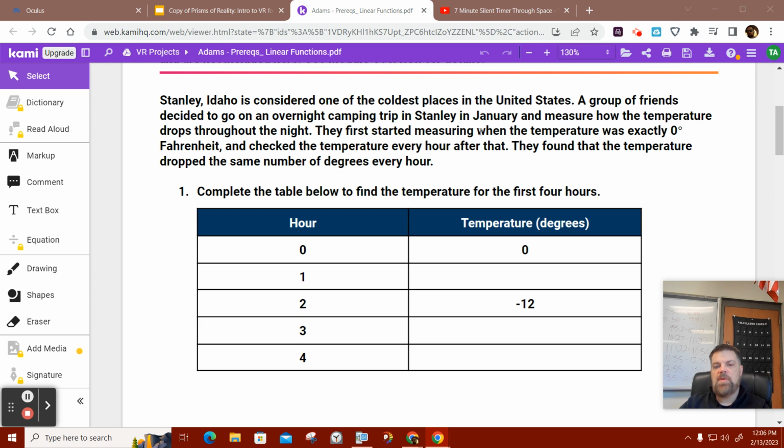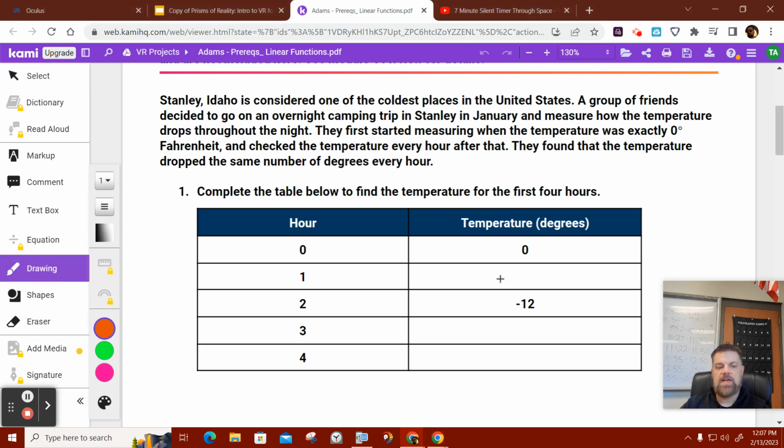They first started measuring the temperature when the temperature was exactly 0 degrees Fahrenheit and then checked the temperature every hour after that. They found that the temperature dropped the same number of degrees every hour. Complete the table to find out the temperature for the first 4 hours.